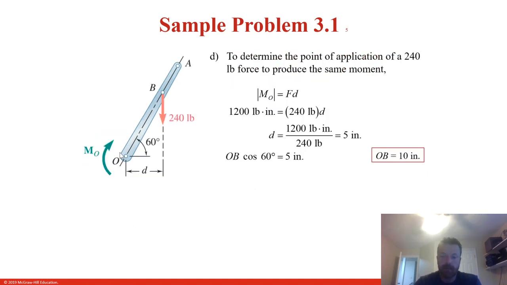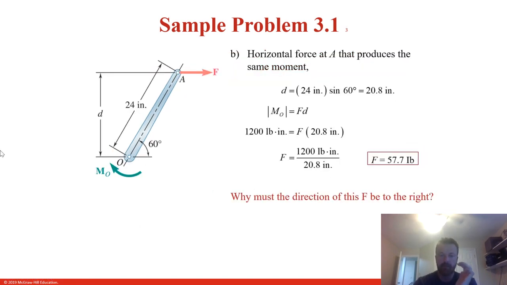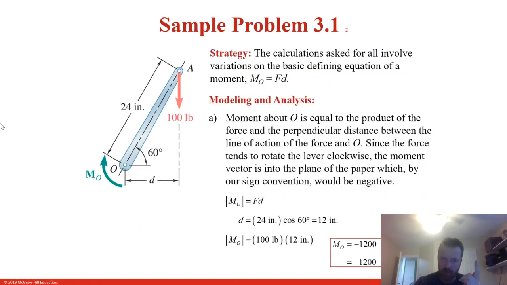And then D, determine the point of application of a 240-pound force to produce the same moment. Basically what they're saying is, remember that when we pulled 100 pounds all the way out here at point A, we were able to induce a tendency of rotation described by the moment 1,200 pounds times inch.